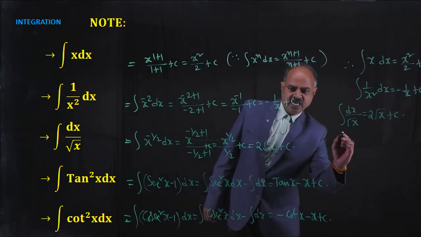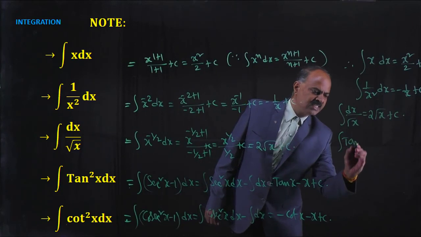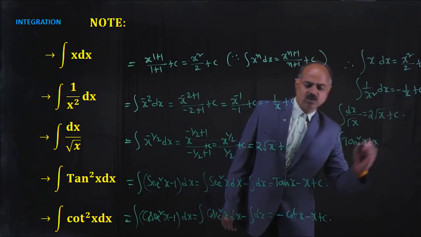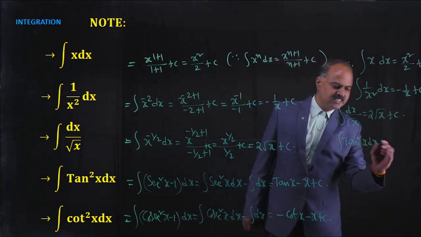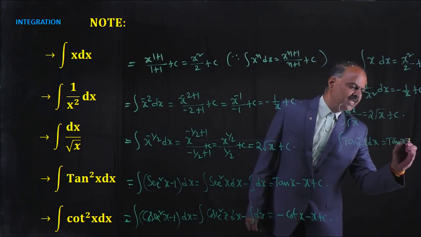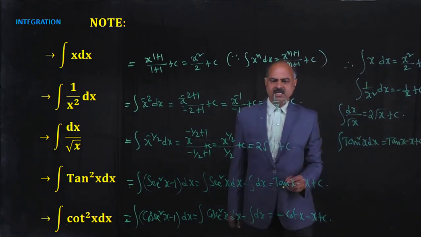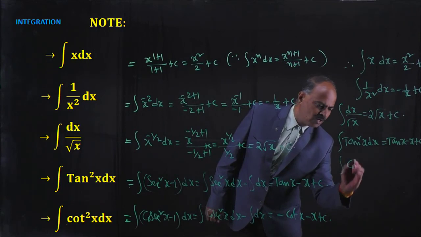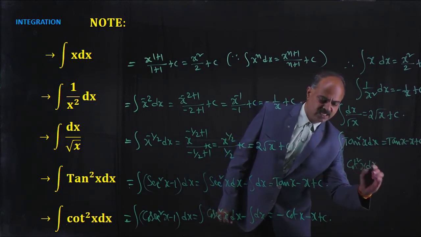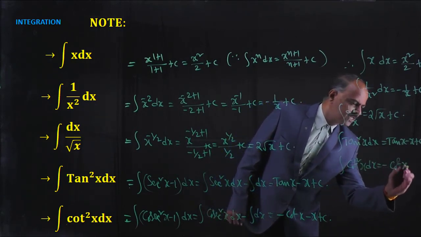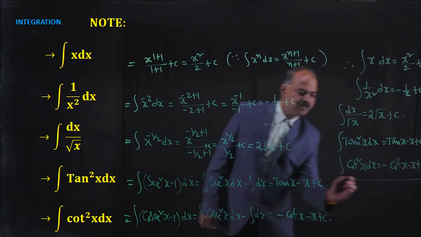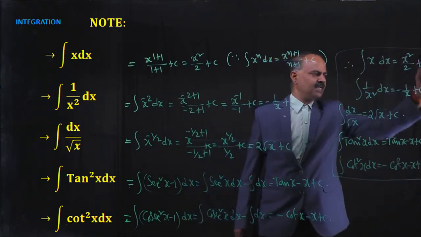Integral tan square x dx equal to tan x minus x plus a. Integral cot square x dx equal to minus cot x minus x plus c.